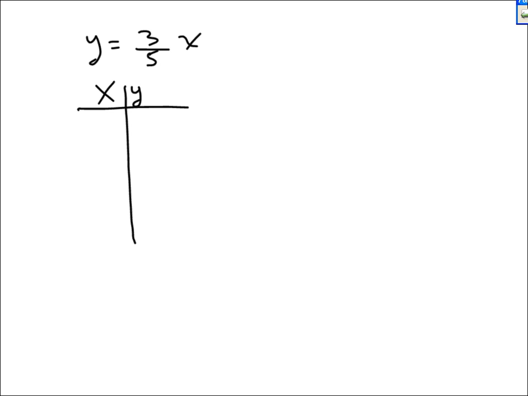Let's try some more. Suppose you were told that y is equal to 3 over 5 times x. So you have x and you have y, which is 3/5 times x. Now, you don't want to end up with fractions.